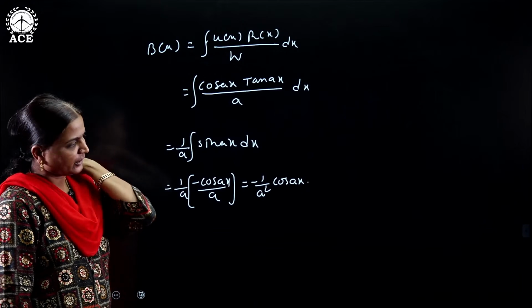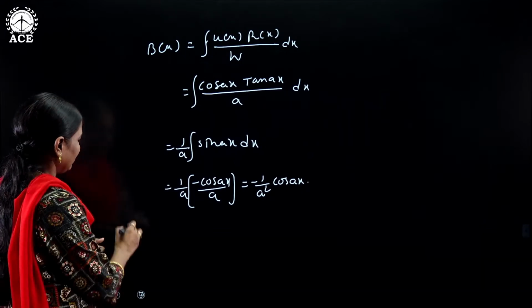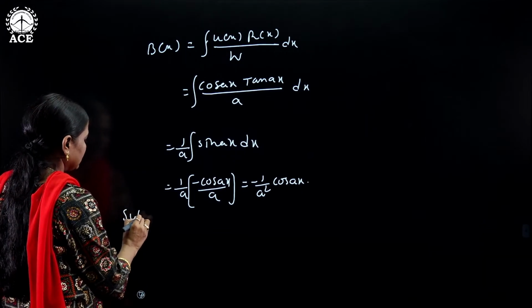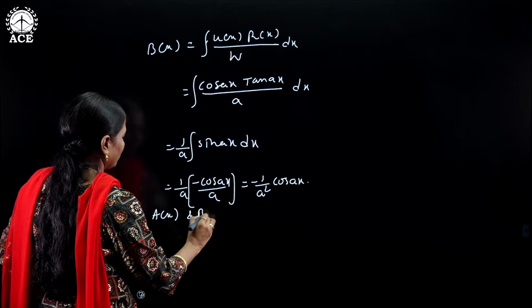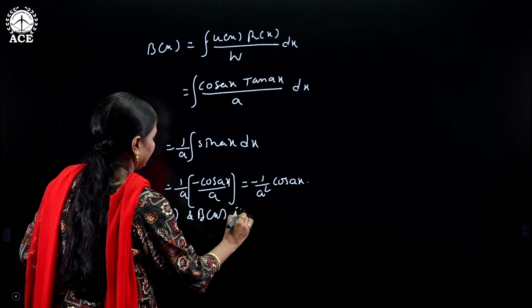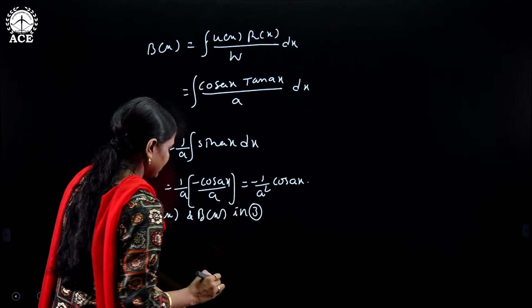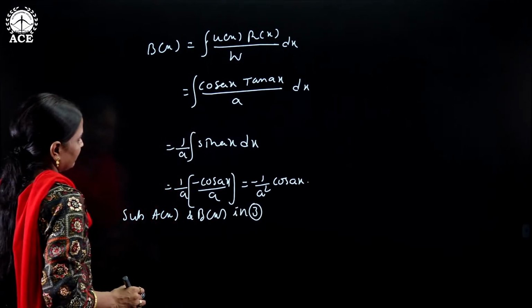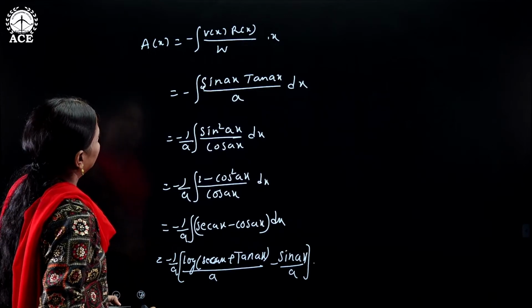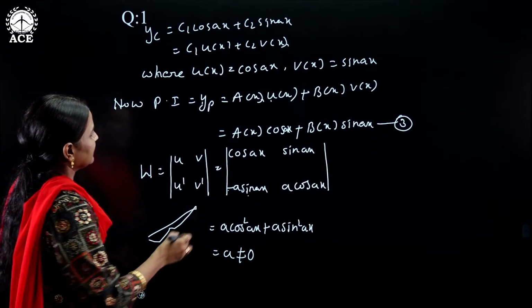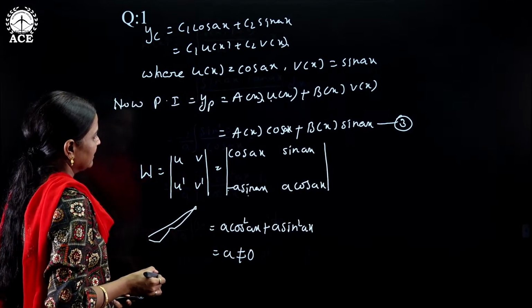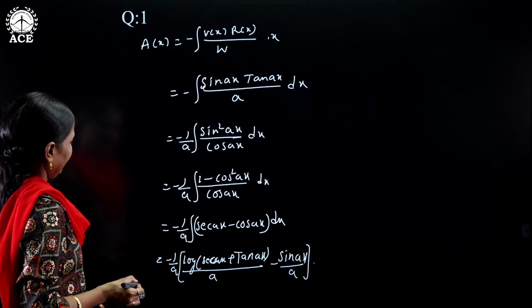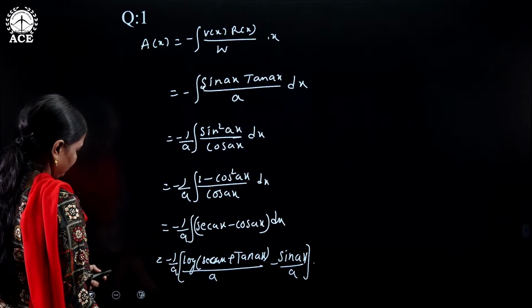Now substitute A and B values in equation 3. Substitute A of x and B of x in equation 3. So what is equation 3? Equation 3 is this one: A of x into cos ax plus B of x into sin ax. But what is the A of x? A of x is equal to this value.